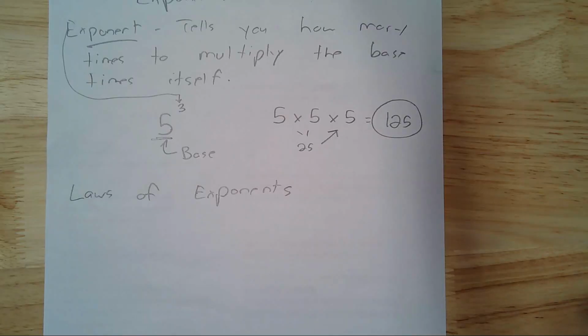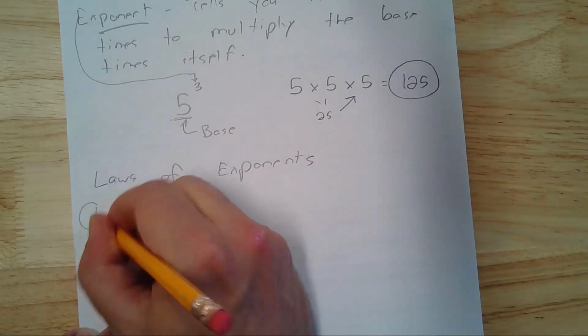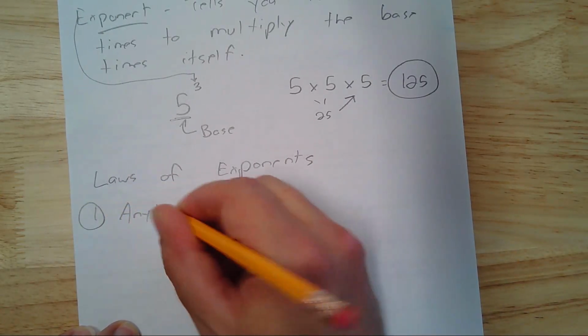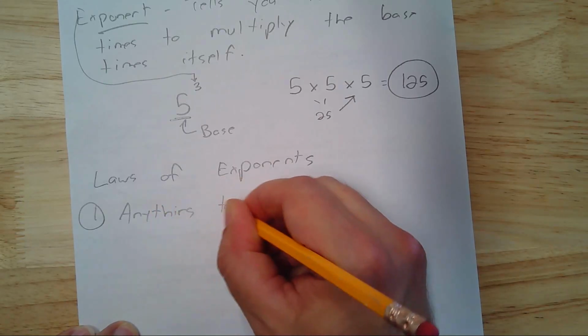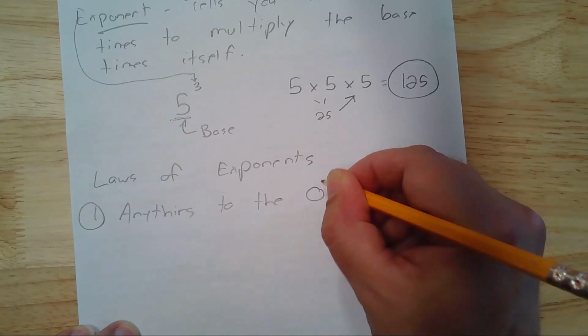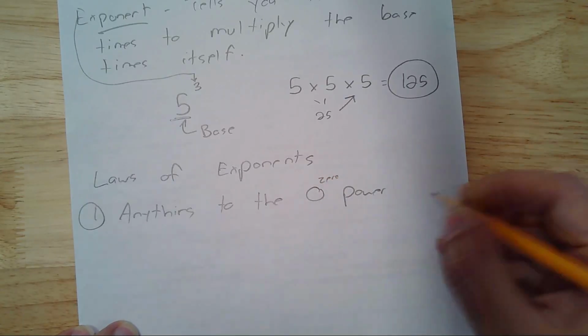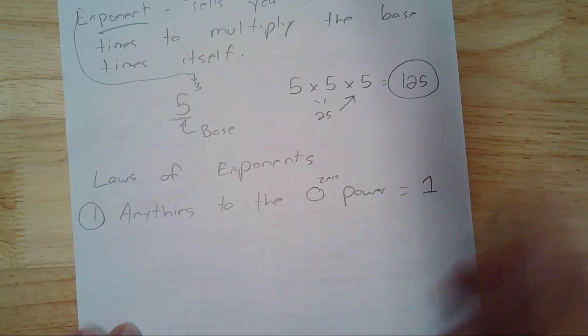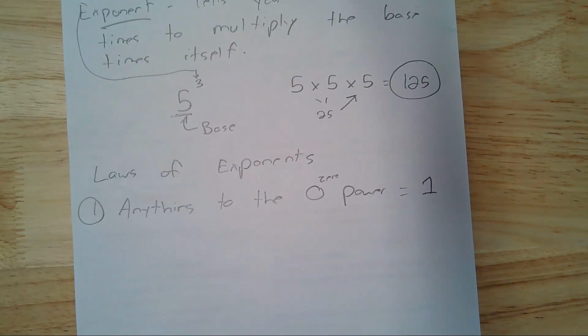And it's the 0 power one. Anything to the 0 power equals 1. With words, 0 power equals 1. Always. Except for 0. 0 to the 0 power.